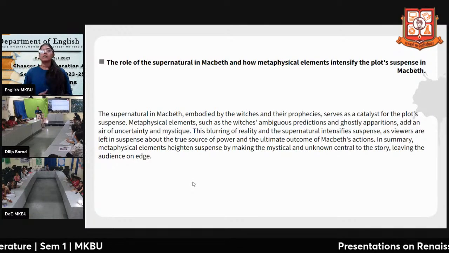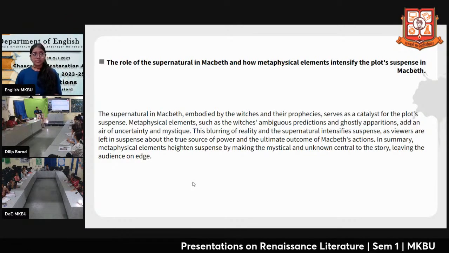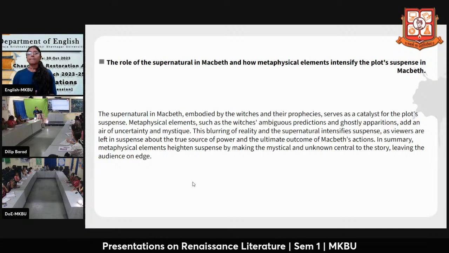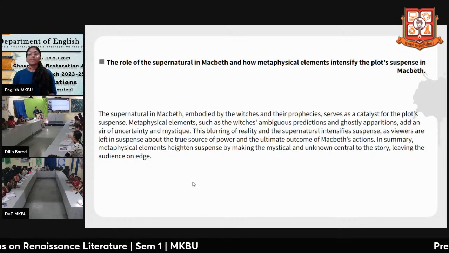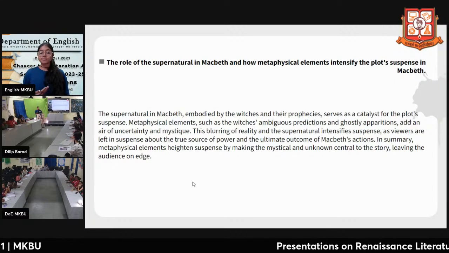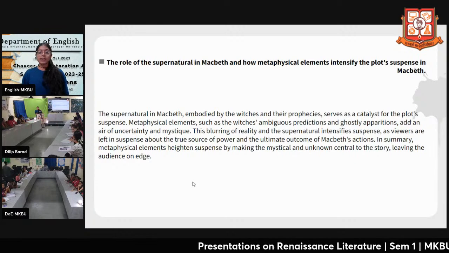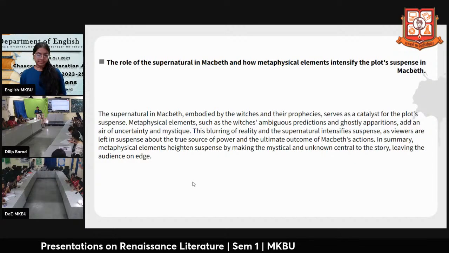In Macbeth, spooky stuff like witches and prophecy makes the story more interesting, and metaphysical elements heighten suspense by making the mystical and unknown central to the story, leaving the audience on edge.